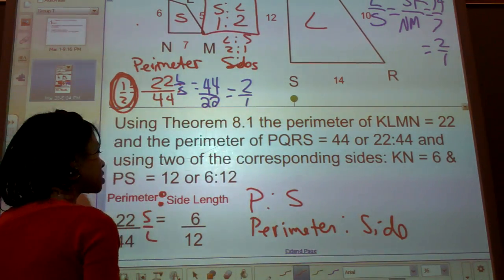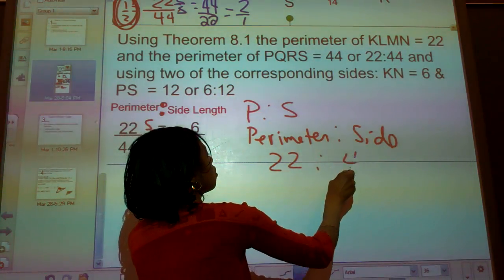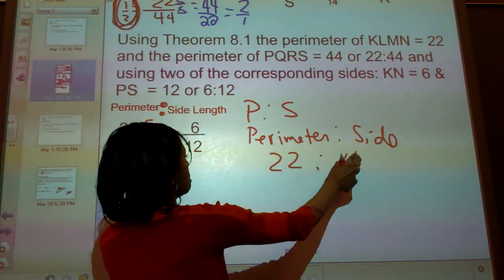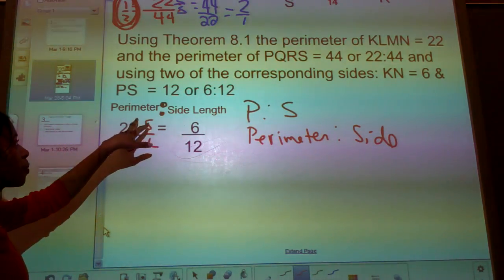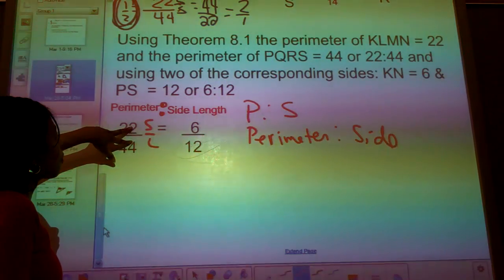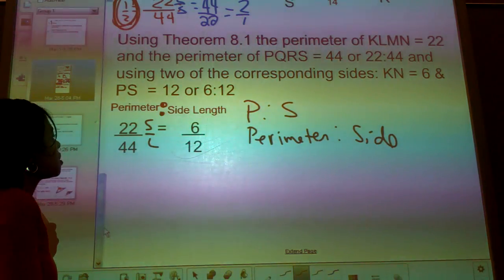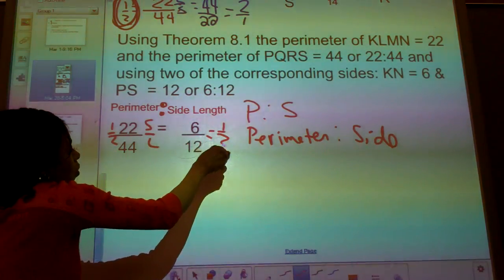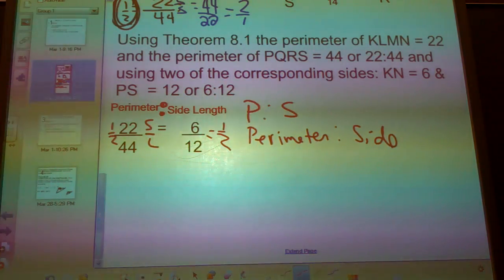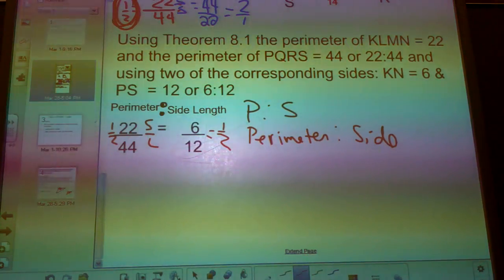When I do perimeter to the side, I'll just leave it as a fraction. I'm comparing the perimeter on this side and the side lengths over here. The fractions are still the same. This is going to be 1/2, and this is also 1/2. Okay? And I'm going to put 8.4 in another video.